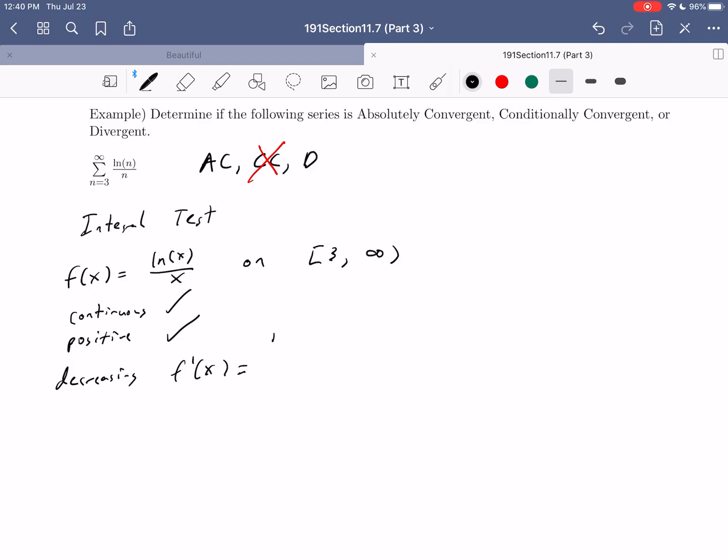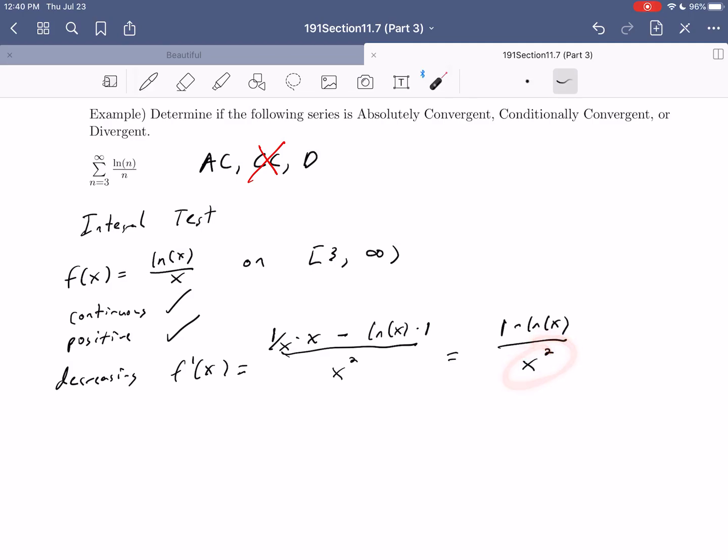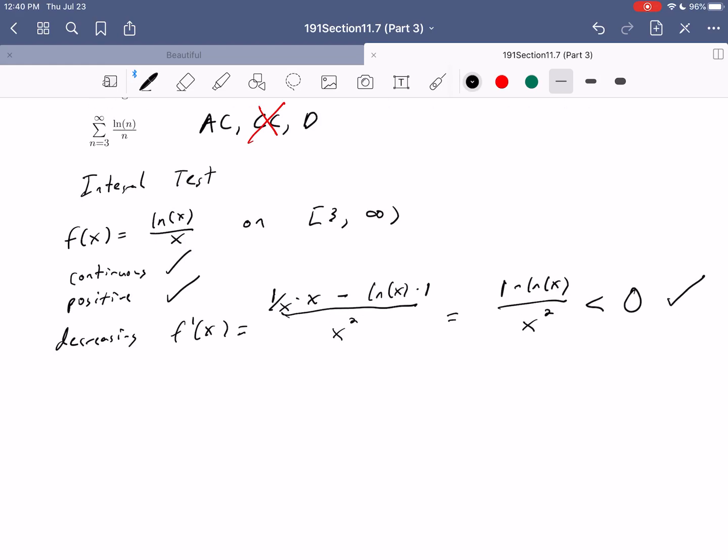So f prime here would be 1 over x times x minus ln x times 1 over x squared. That's quotient rule, and that looks like we get 1 minus ln x over x squared. This is always positive, and since we are past e, since we're on 3 to infinity, ln x is going to be bigger than 1. So this is negative, this is positive. Negative divided by positive is going to be negative, less than 0. Check. Okay, so all the conditions are met.